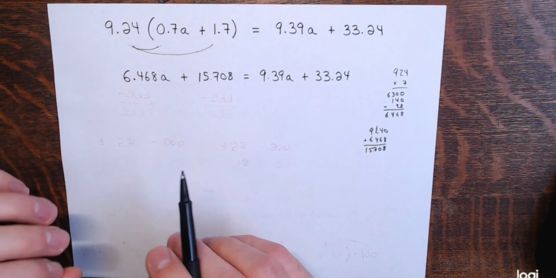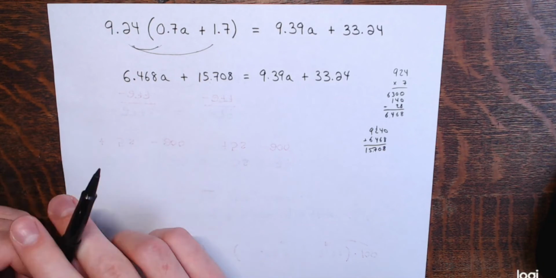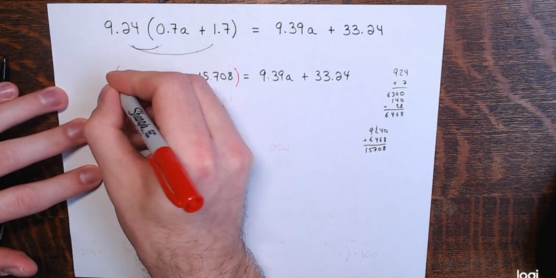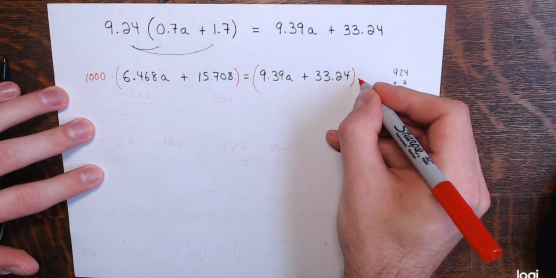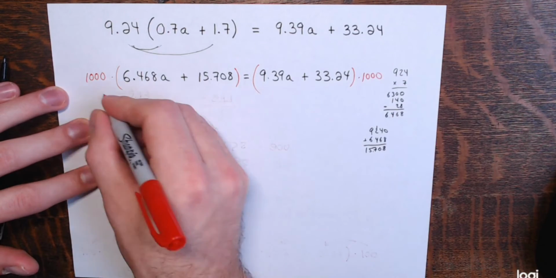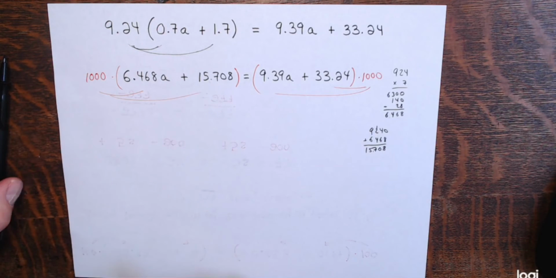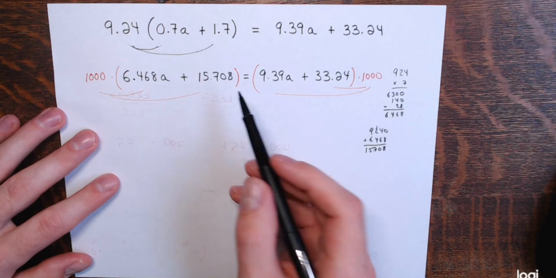So I need to multiply both sides by 1 with 3 zeros, or 1,000, 10 to the third power. I'm multiplying everything by 1,000, and that's just going to move the decimal point to the right 3 places on all of these. And then all the decimals will be gone.